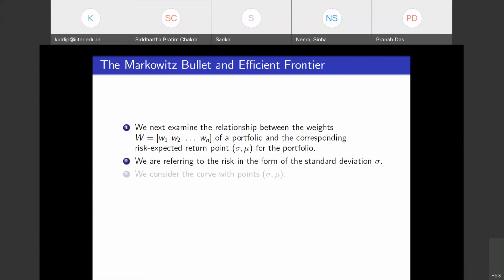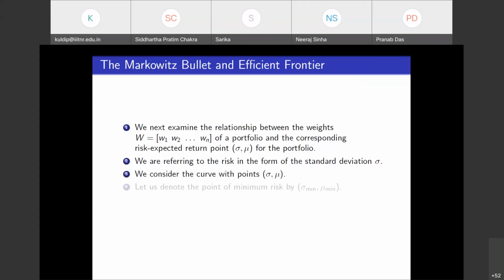Remember that I had said that sometimes we will use sigma square as a measure of risk, and sometimes we will look at this standard deviation sigma as the measure of risk.